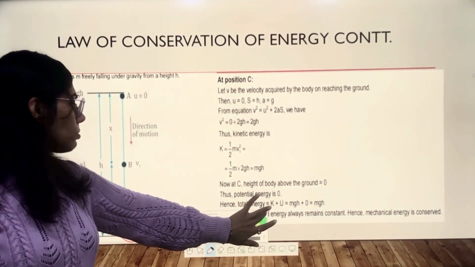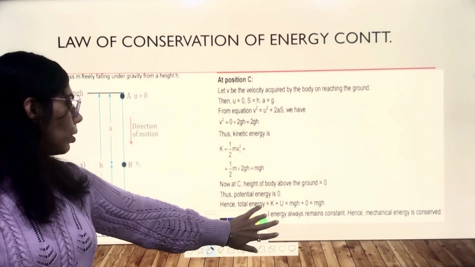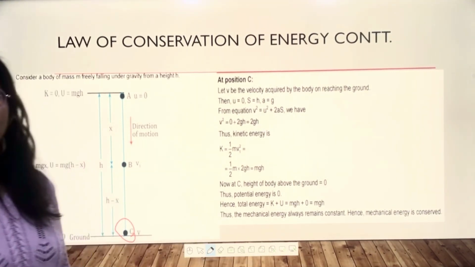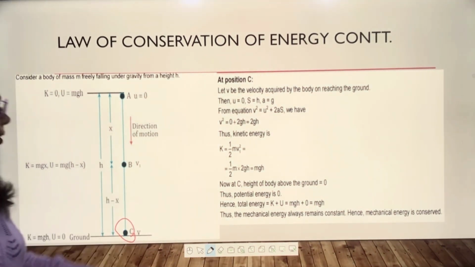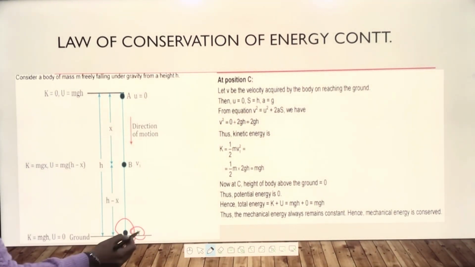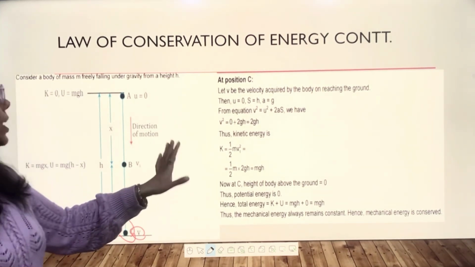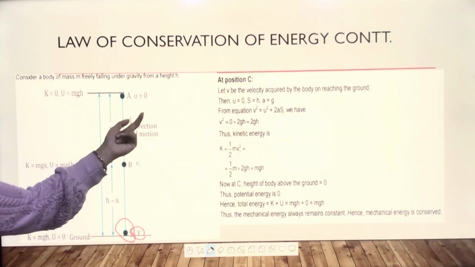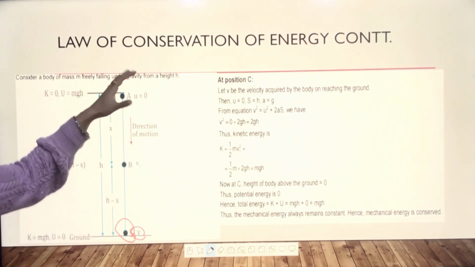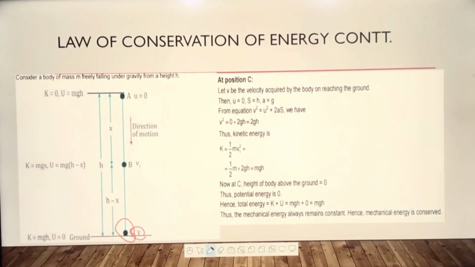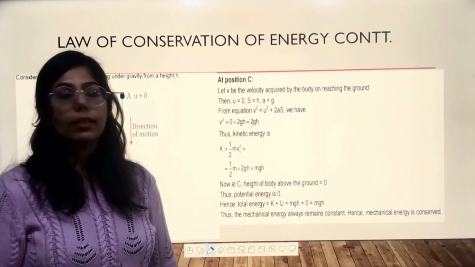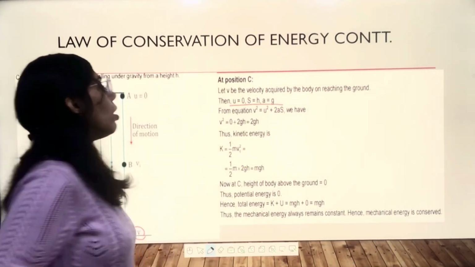As you very well know, now the object, or you can take the ball, has reached the ground, and consider the velocity as simple v, small v. The initial velocity we have taken was u, and here it has covered the whole height, so we will take the distance as h, and acceleration will be acceleration due to gravity.